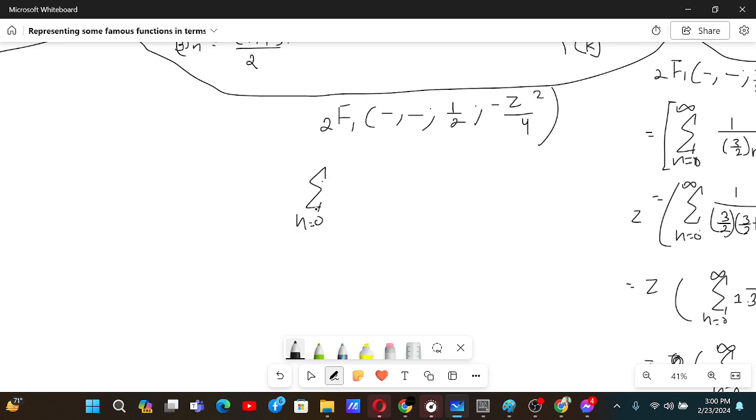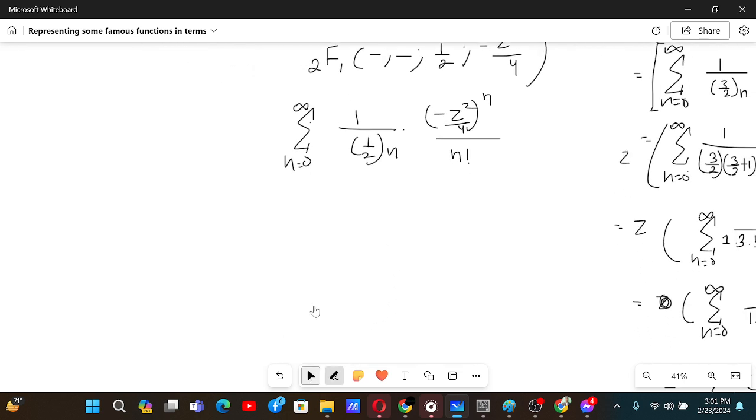Sum from n equals 0 to infinity. Now we don't have anything over here, so we have 1 by 2 to the power n, and then minus g square to the power n by 4 to the power n by n factorial. Okay.